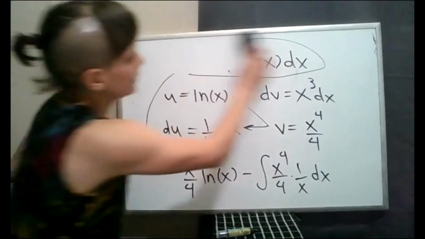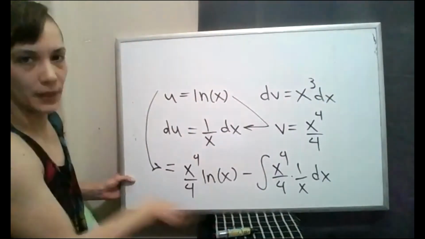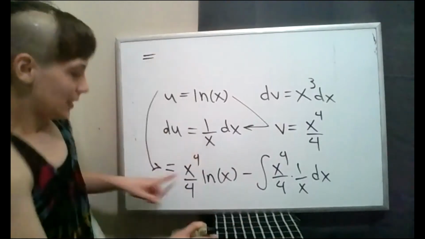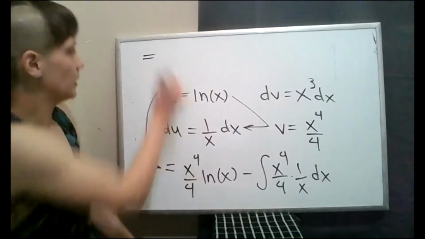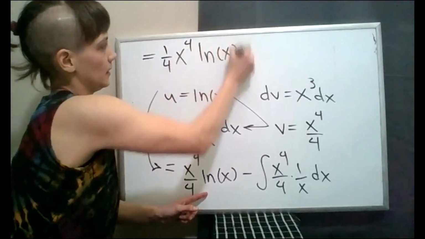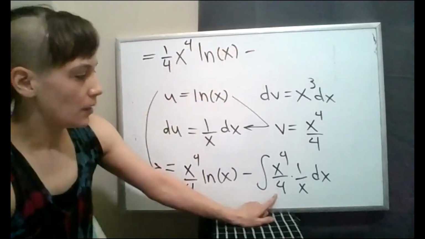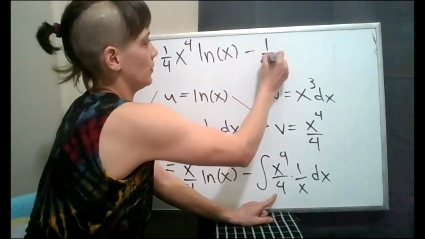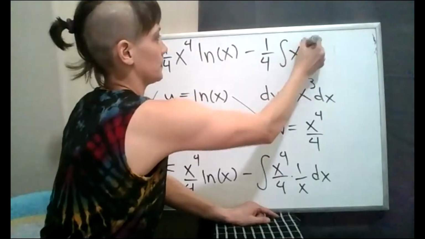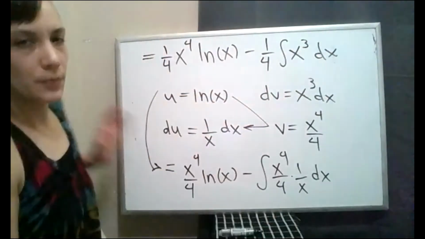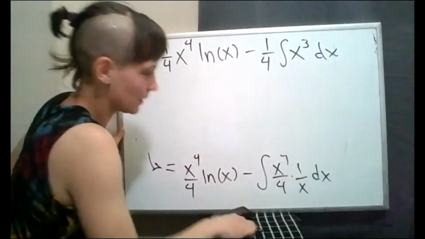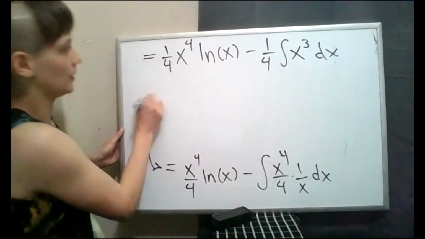So back to the top, this is going to equal 1/4 x to the 4th ln of x minus 1/4 multiplied by the integral of x cubed dx. This one's not too bad.